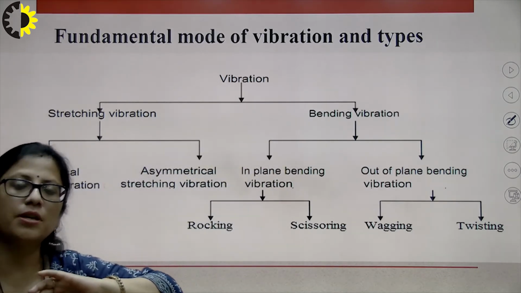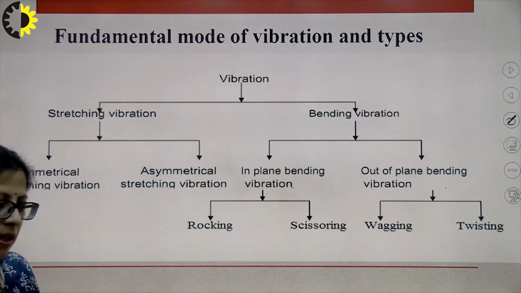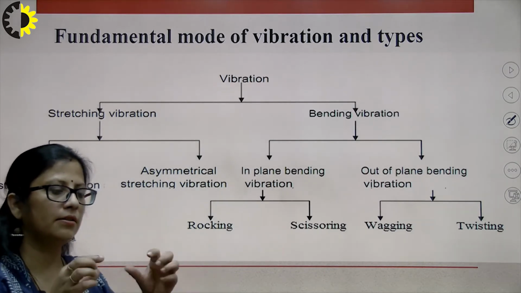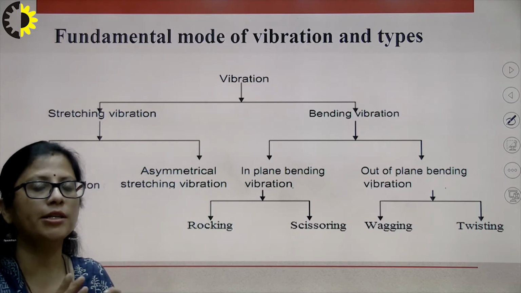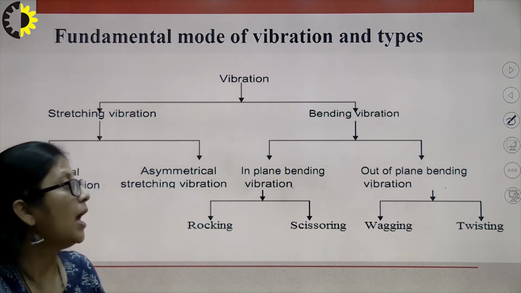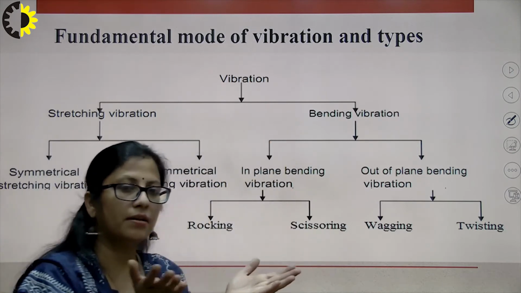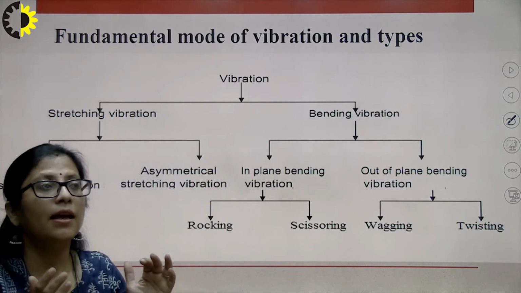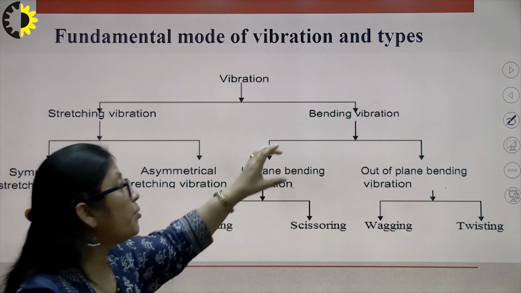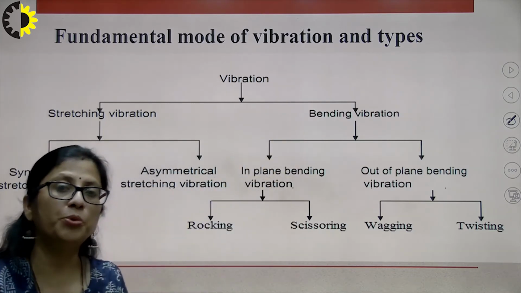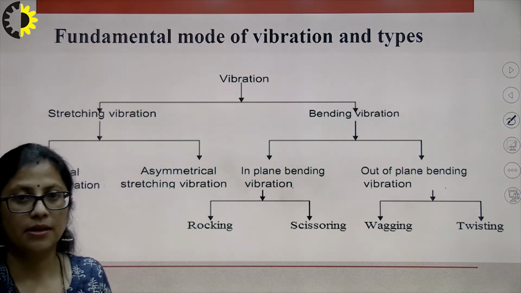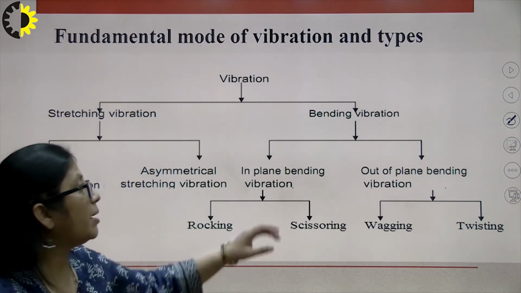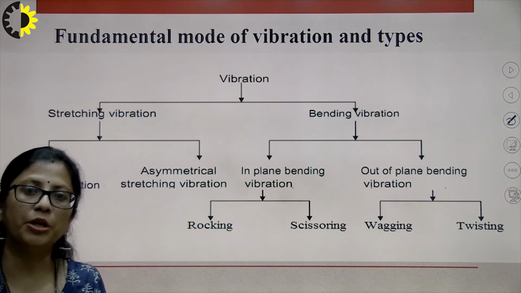Stretching vibrations are such that the bonds stretch and relax, but there is no change in the bond axis. And in the bending vibrations, which have different forms of bending, the position of the atoms changes with respect to the original bond axis. So such types of vibrations are bending vibrations.